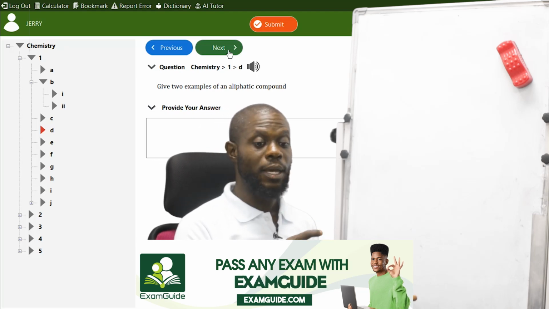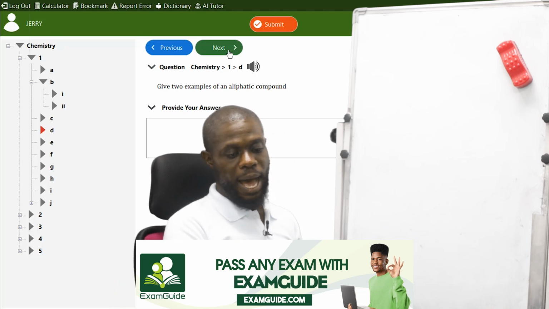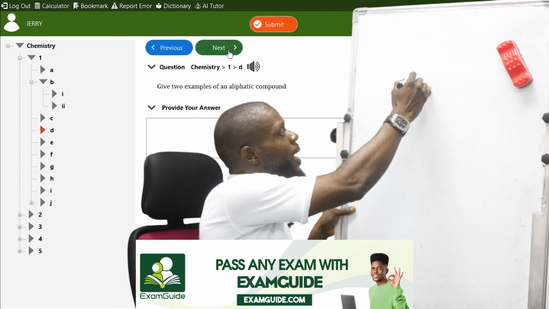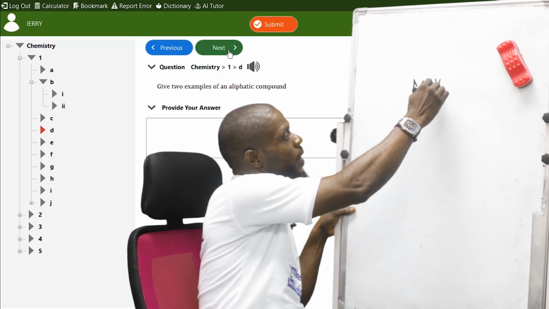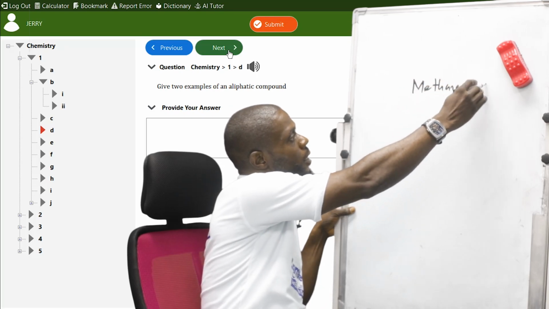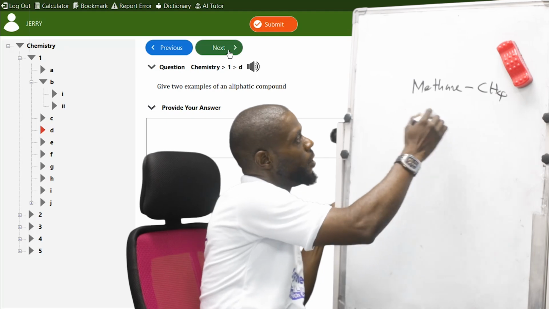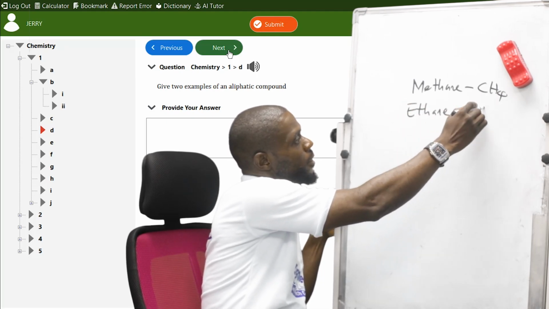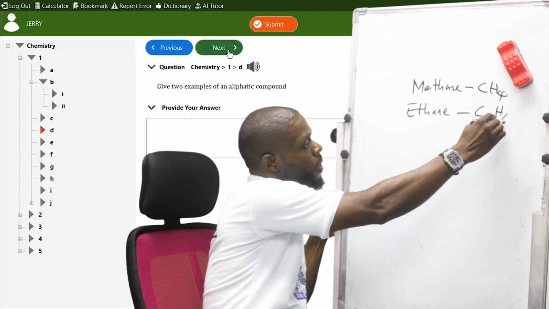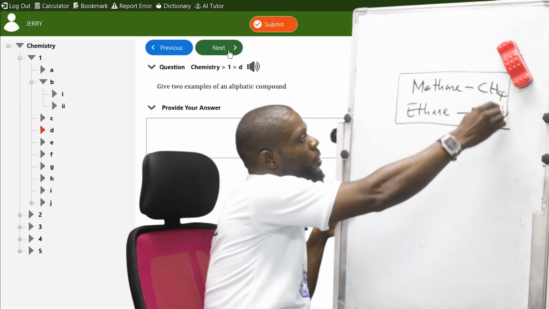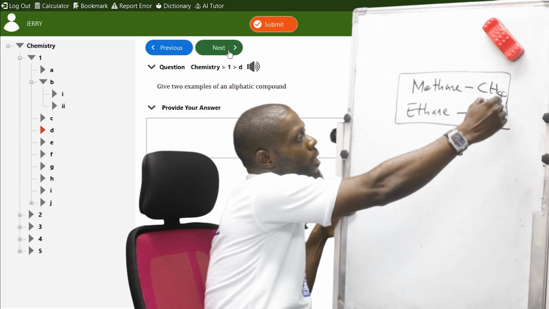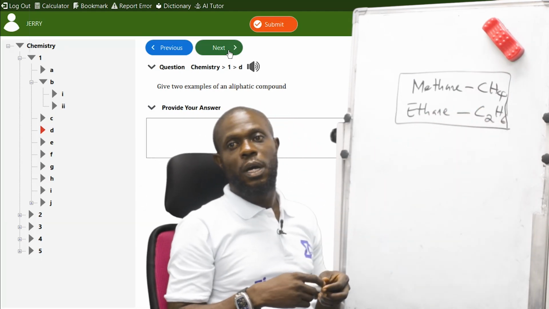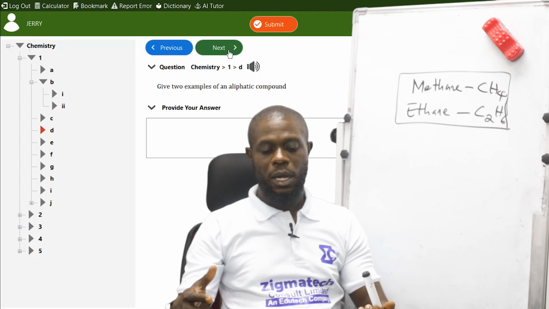I think they are both from the alkane family. Methane is CH subscript 4, and ethane, C2H subscript 6. These are the 2 examples of aliphatic compounds.